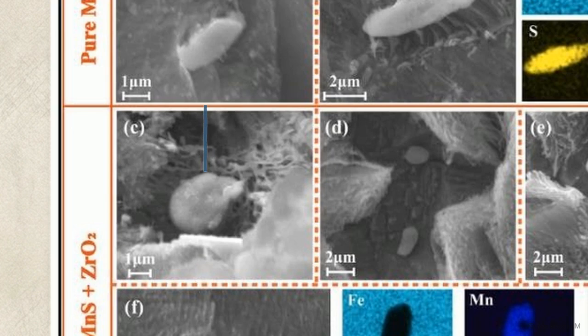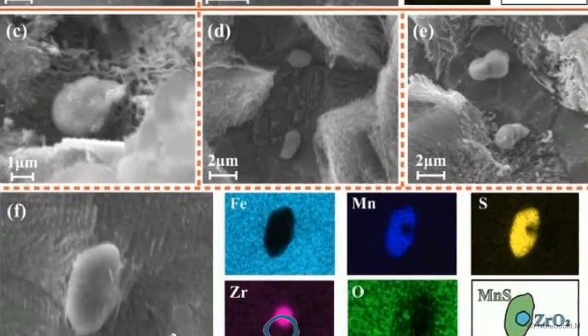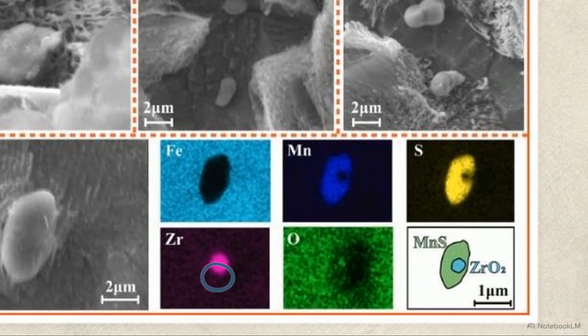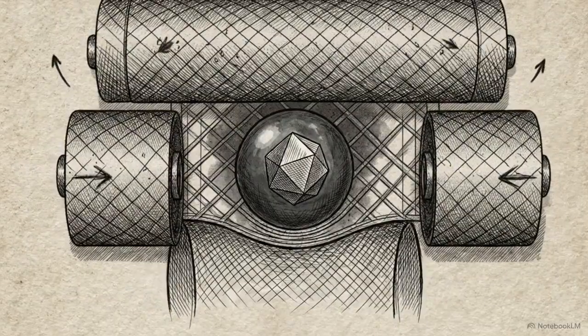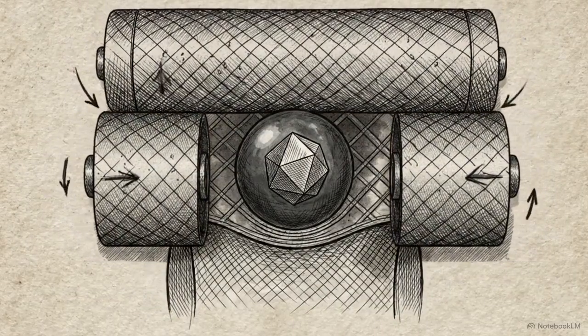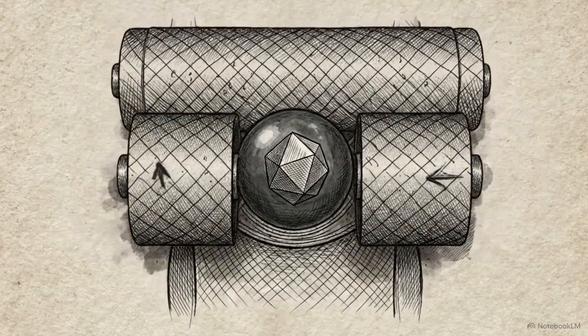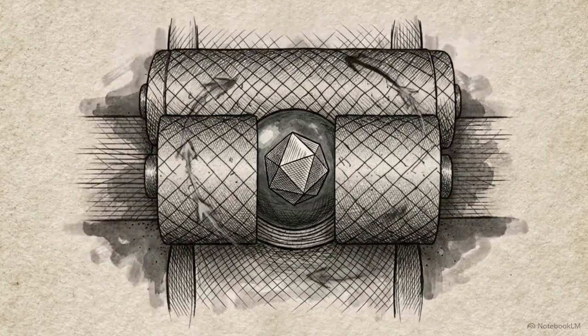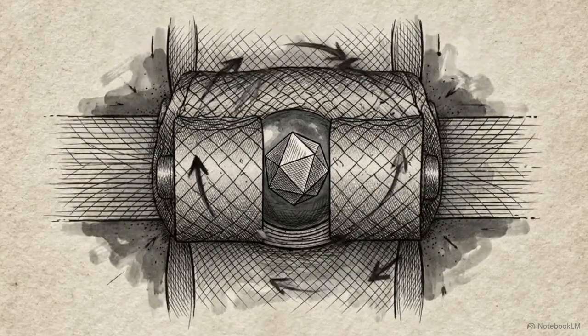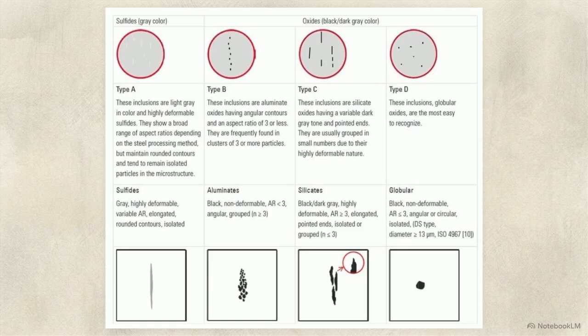The EDS maps on the right prove this. The purple plot confirms a solid zirconium core is trapped inside the green manganese sulfide shell. Mechanically, these complex alloyed inclusions are significantly harder than pure manganese sulfide at extreme temperatures. When they hit the rolling mill, they refuse to elongate. This classification chart demonstrates the goal.